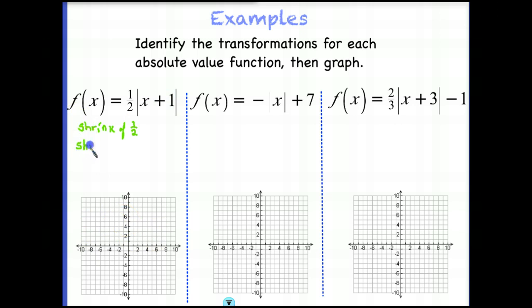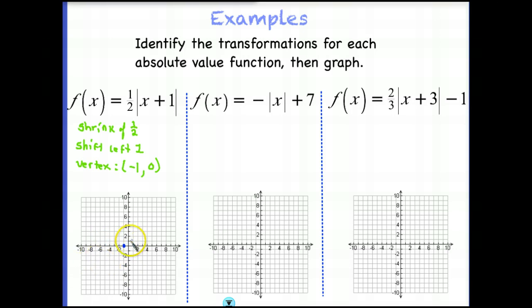So we have a shift left 1. If we pull our vertex from here, it's opposite h, so -1, and we have nothing over here for k, so that's 0. Now I can plot this on the graph. I will go to -1 for x and 0 for y, so it's right here.